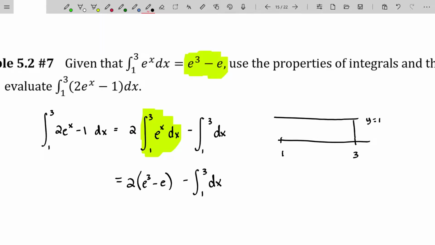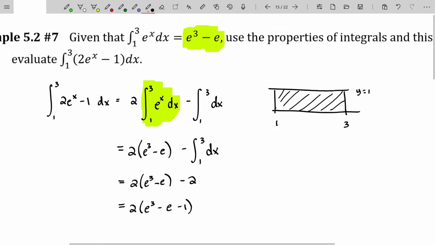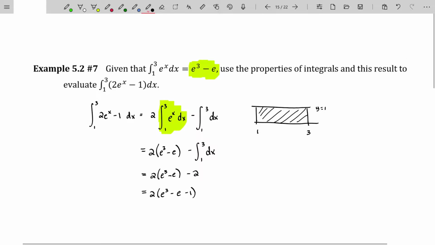So that should be a fairly easy area to find. Height 1, width 2, 1 times 2 is 2. So this is going to be 2 times e cubed minus e, minus 2. And you could technically factor a 2 out of everything, and that's 2 times e cubed minus e minus 1. There you go.